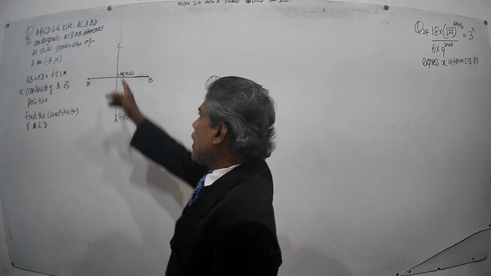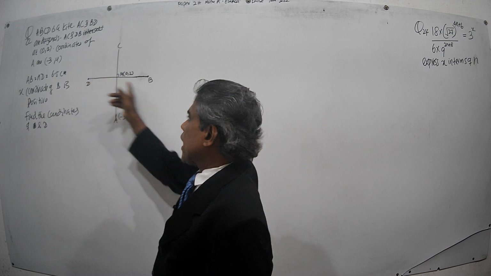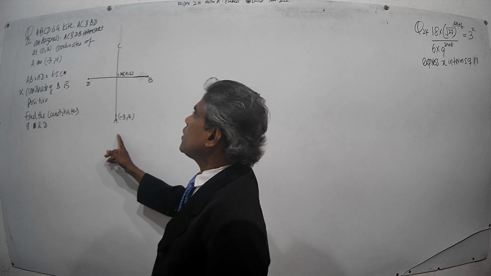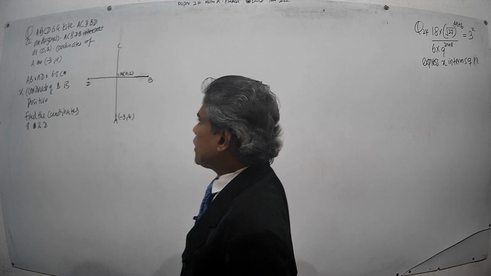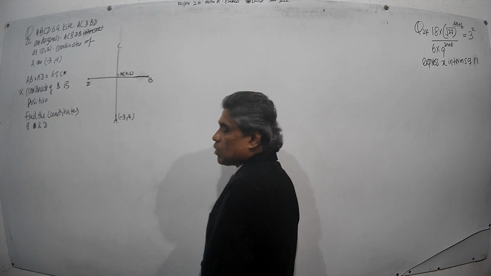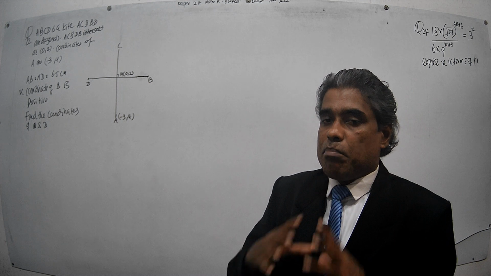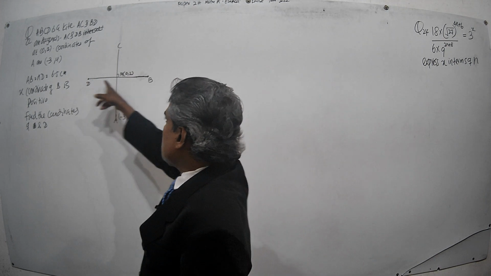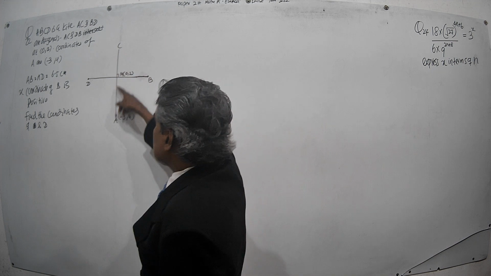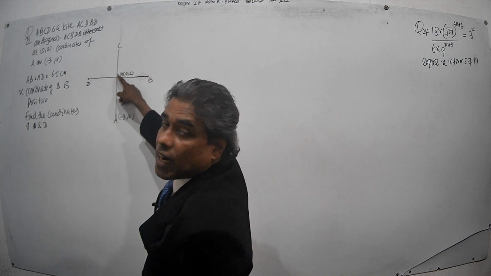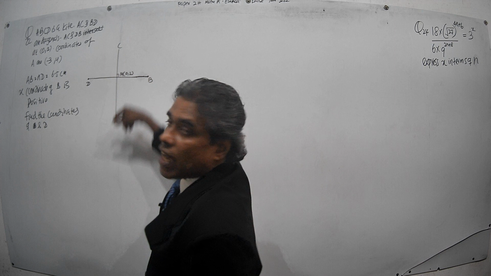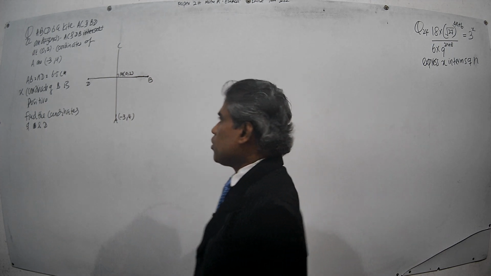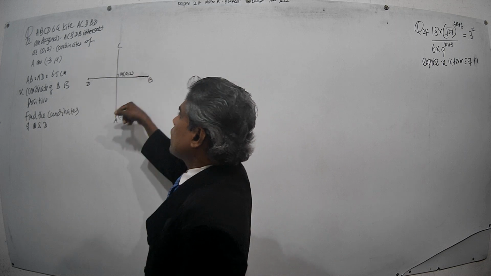Another important point is that the two diagonals of a kite are perpendicular to each other. Therefore, at this intersection point there are 90-degree angles, and these two lines have a perpendicular relationship.